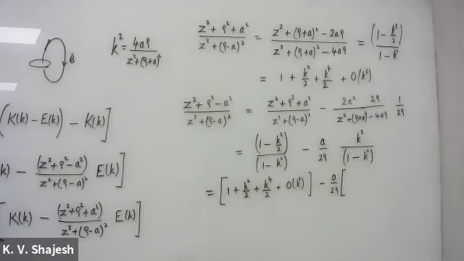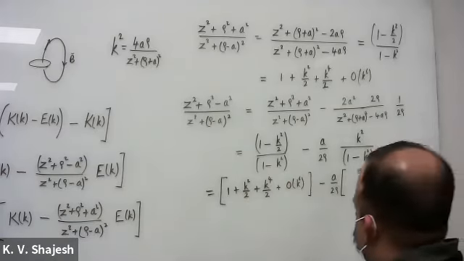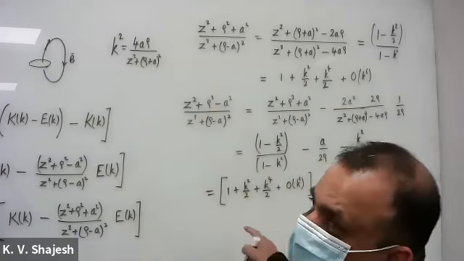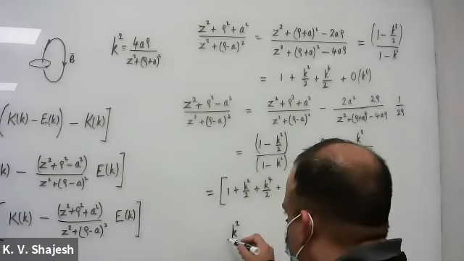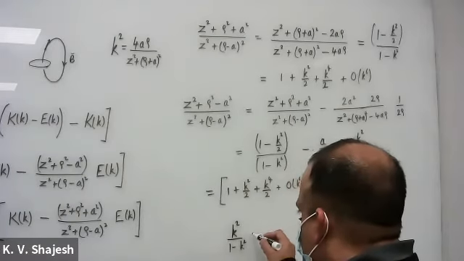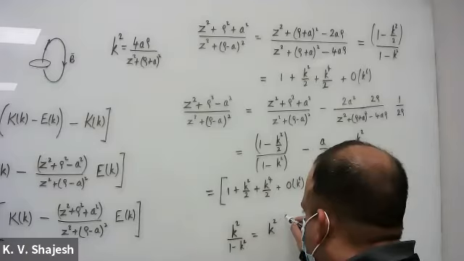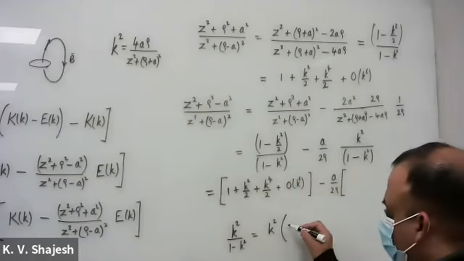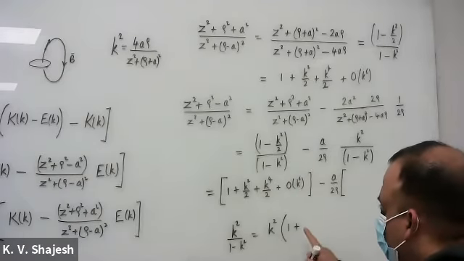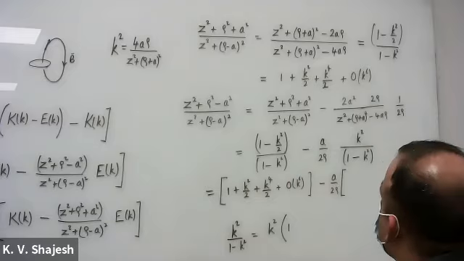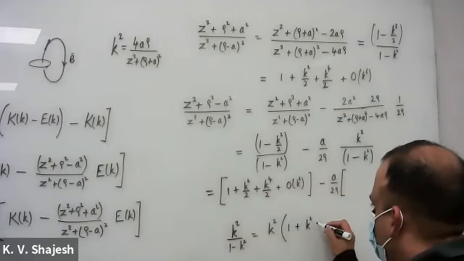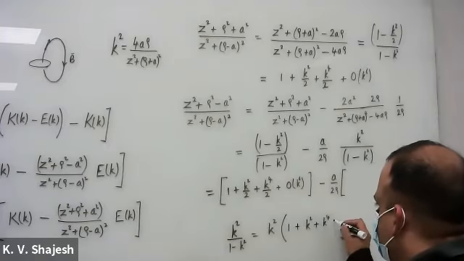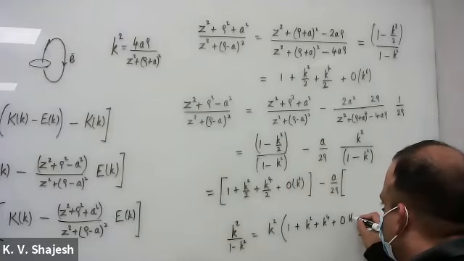And I will again expand this out. What is the expansion? Let's look at that. So k²/(1 − k²) is k² times the series expansion, 1 + k² + k⁴ + order k⁶.